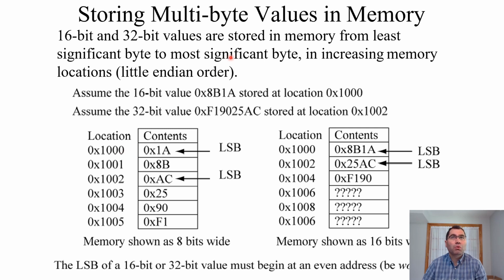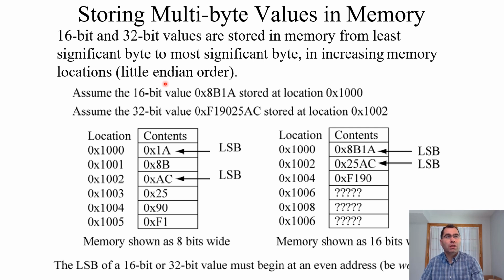So what do we do? Let's read here. 16-bit and 32-bit values are stored in memory from least significant byte to most significant byte in increasing memory location. We call this little endian order.